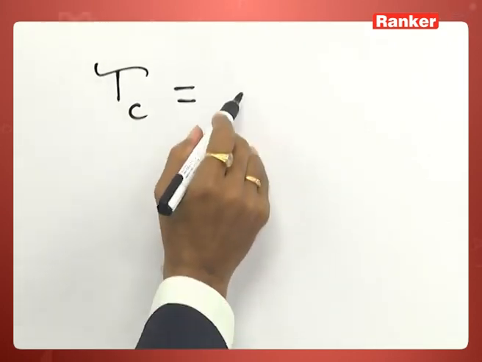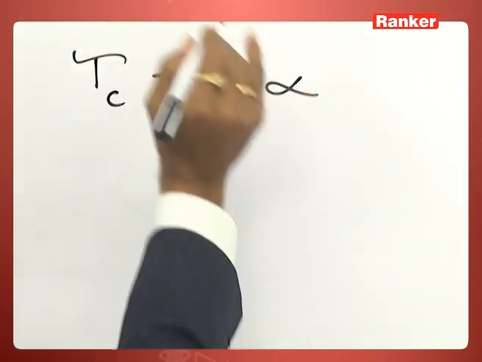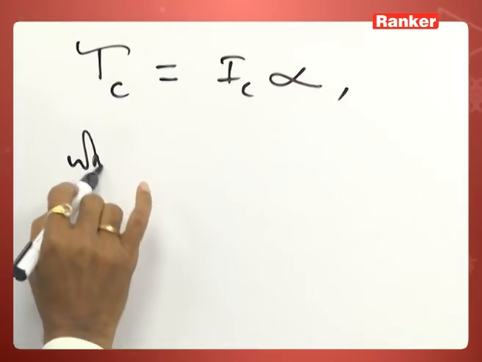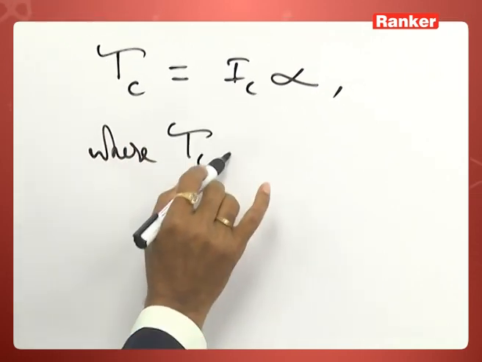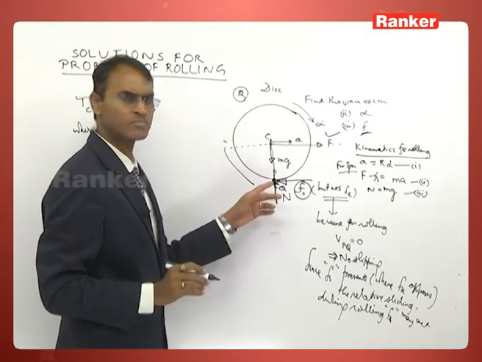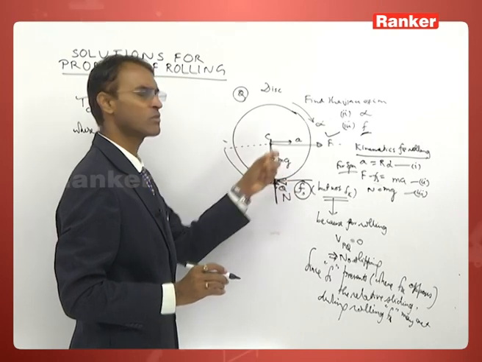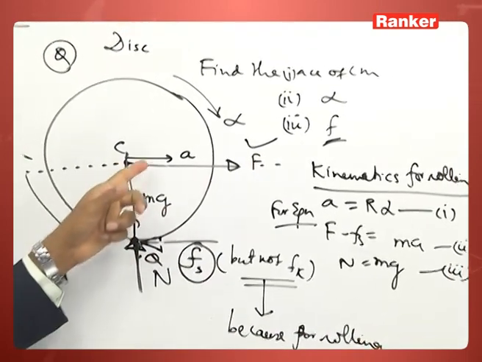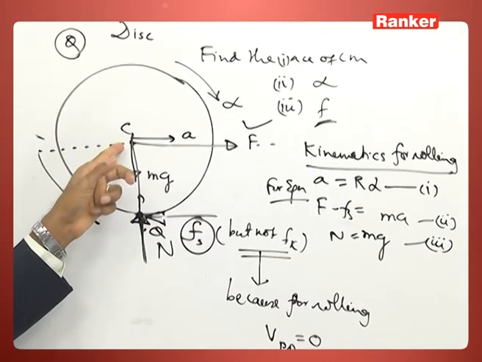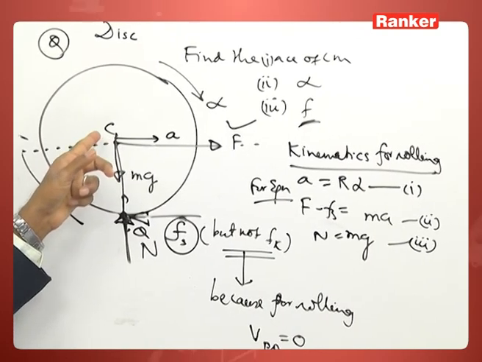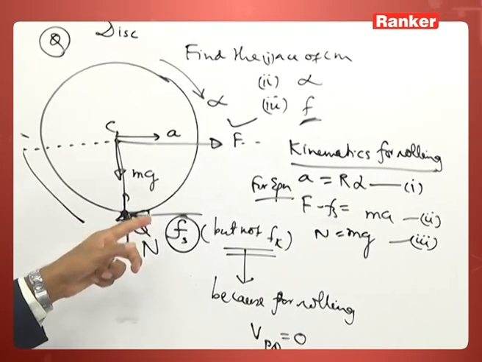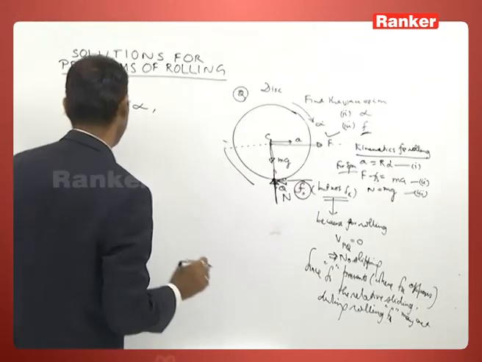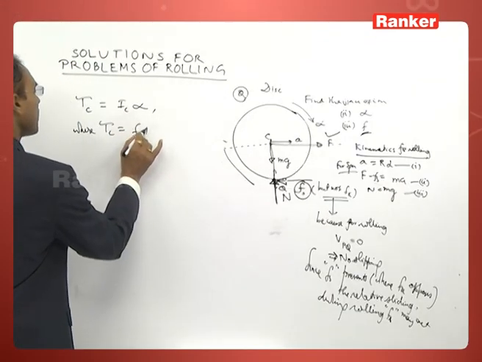The torque tau c is equal to Ic into alpha, where tau c is equal to sum of torque of this force and this force. These two forces pass through the center of mass, therefore they cannot produce a torque about the center of mass. Torque is produced by the frictional force only about the center of mass. That is equal to Fs into r, in which direction?